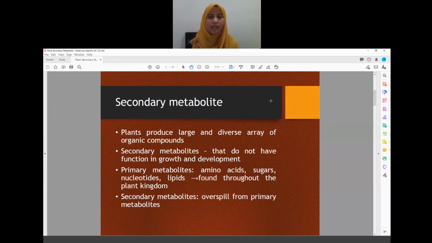Maybe long ago they only called these things compounds. Carbohydrates are compounds, proteins are compounds, and secondary metabolites are compounds. But later this biochemist grouped them into one group called secondary metabolites, because these compounds are less essential and of secondary relevance.